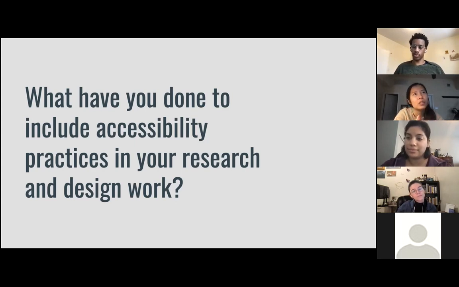But then we decided that because the app is very visual, we would include text instruction in addition to visual cues to guide them versus using voice.